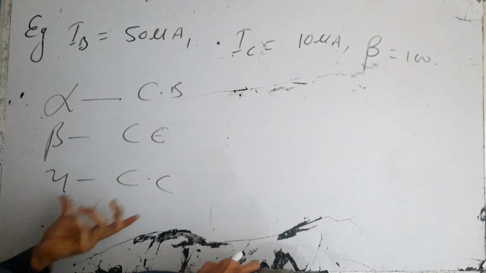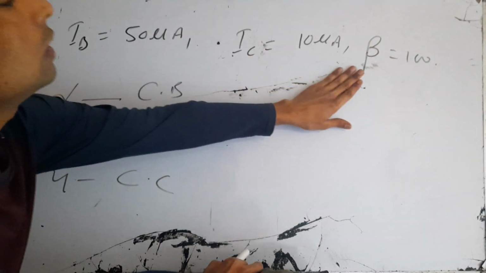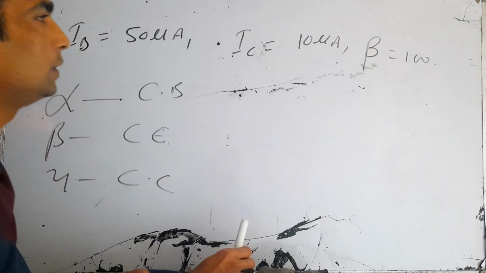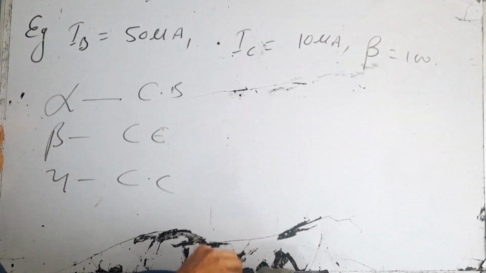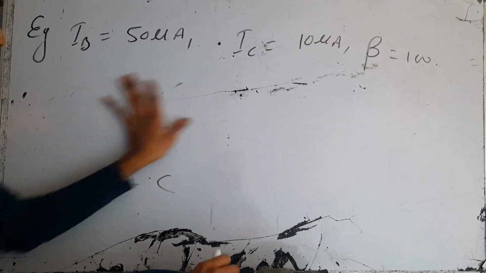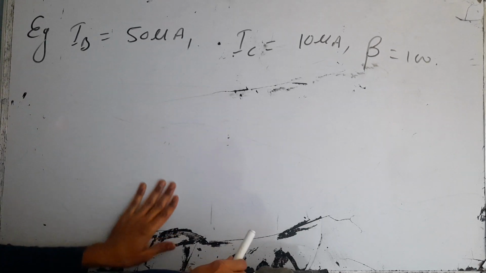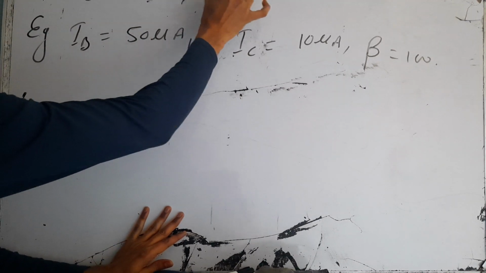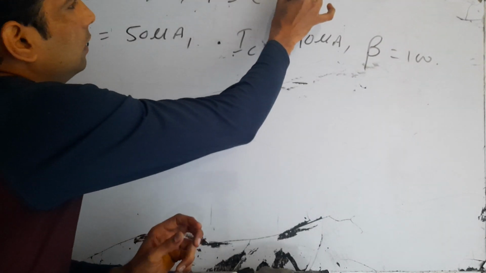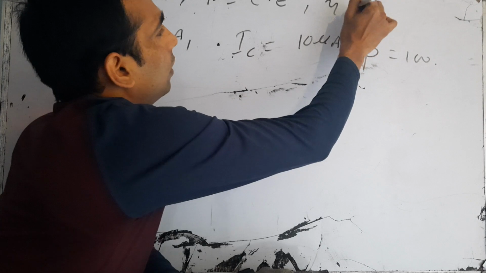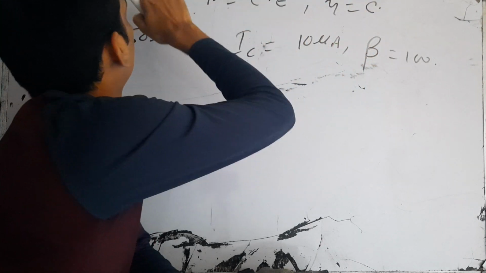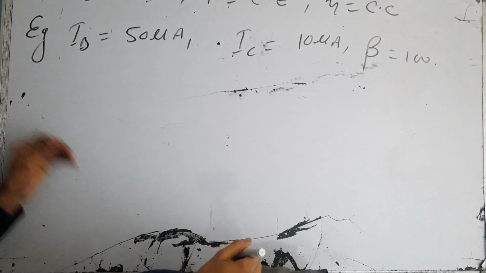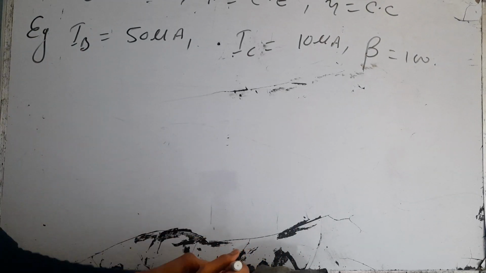These are the symbols usually given in the books. So beta means current gain for common emitter. For your information, I am writing this on the top of the board.